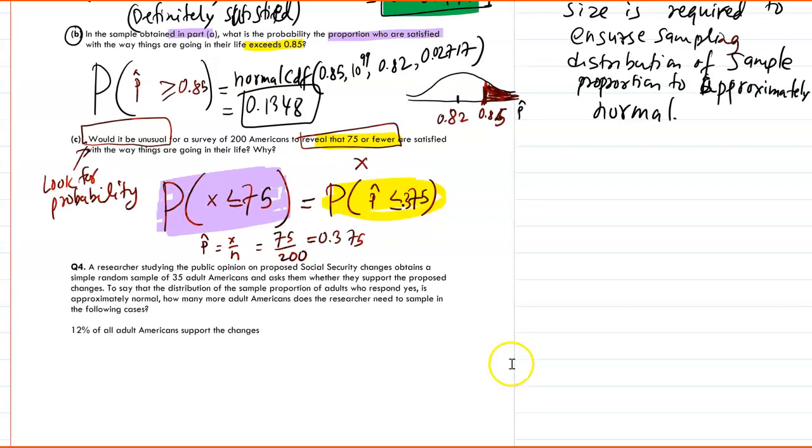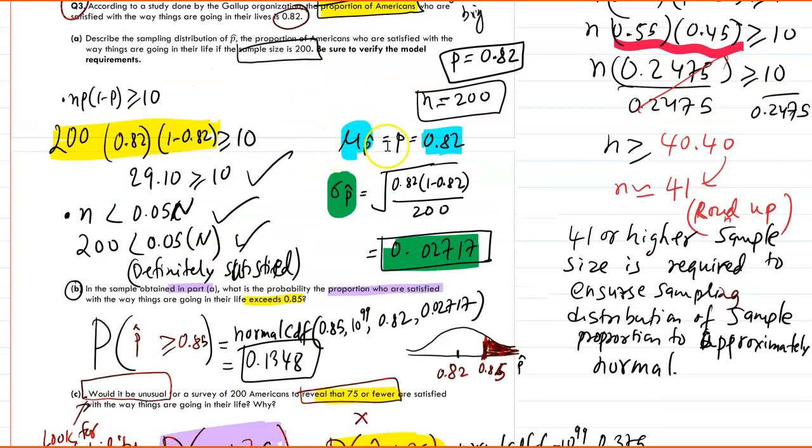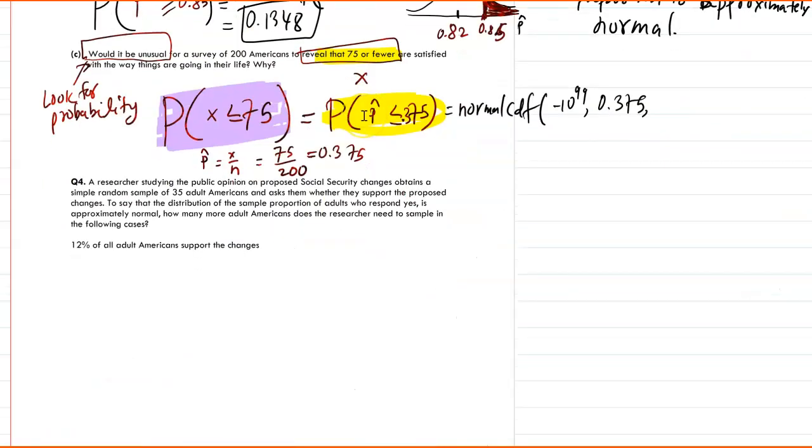Okay, to find the probability as usual, we use normal CDF. Your lower bound is going to be negative 10 to the power 99, comma, 0.375, and the mean, you use the same mean as here for the 200 sample, 0.82, comma, standard deviation for 200.